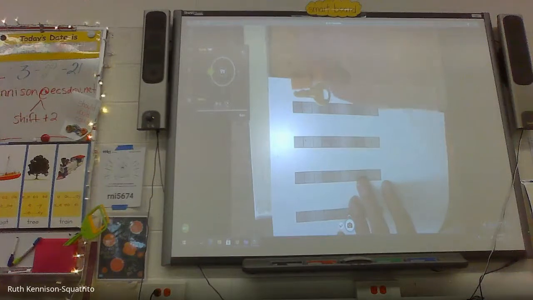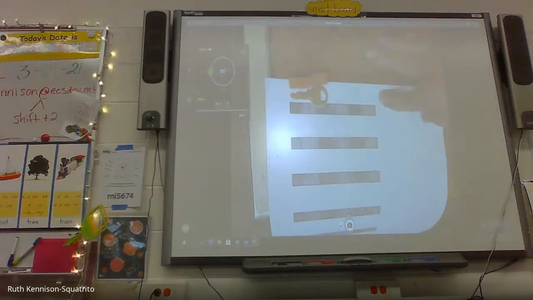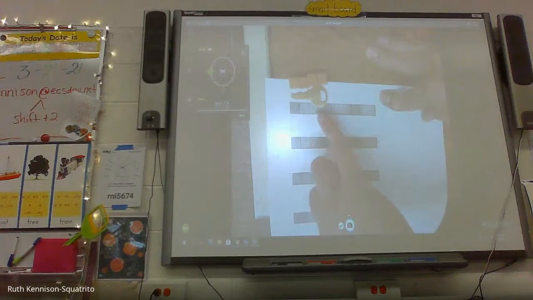That's also 4. Not inches. Centimeter cubes. 1, 2, 3, 4. How long is it, Miguel? How long is the key? How many cubes is it? How many orange cubes? 1, 2, 3, 4.